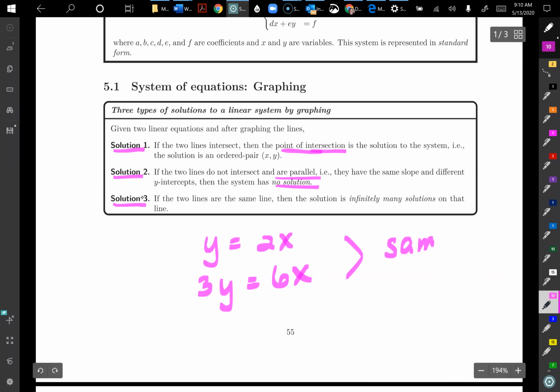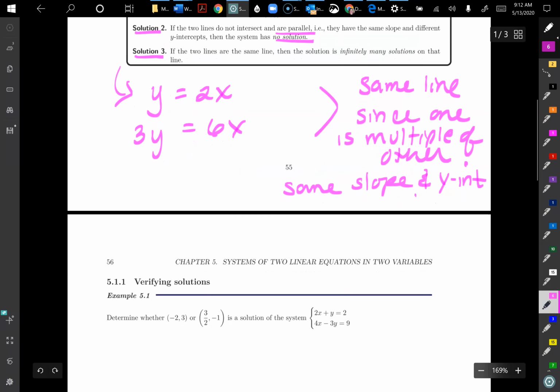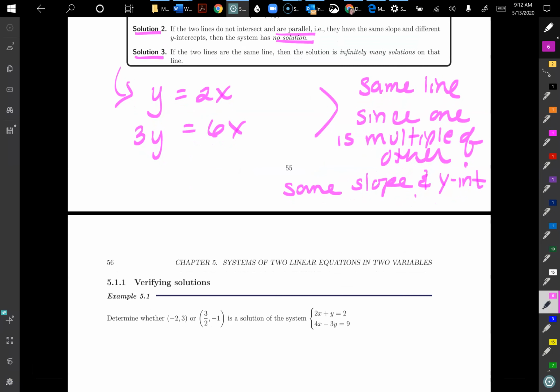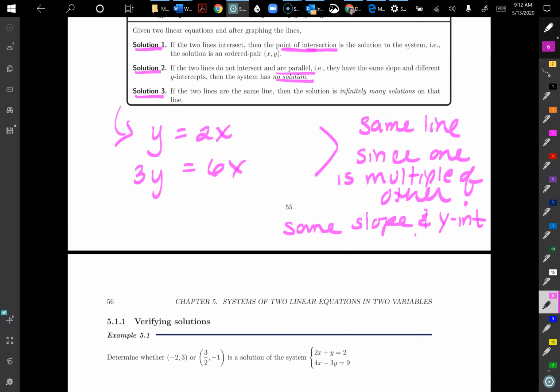Same line, because they are not only parallel, but they have the same b value. So we'll take a look at some of those things also. Since one is a multiple of the other, they have the same slope and y-intercept. So that's the last scenario that we'll get. Then you would say infinitely many solutions if they're the same line.